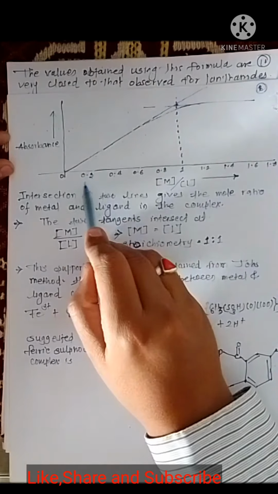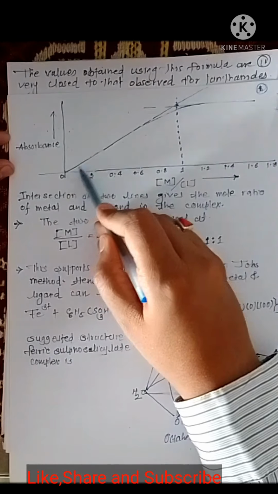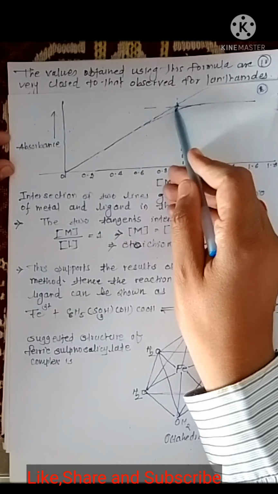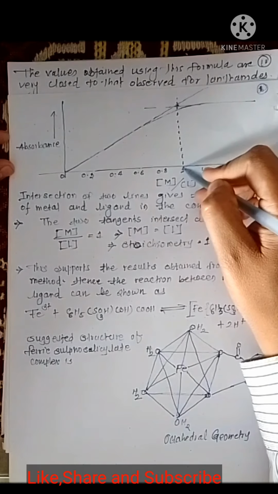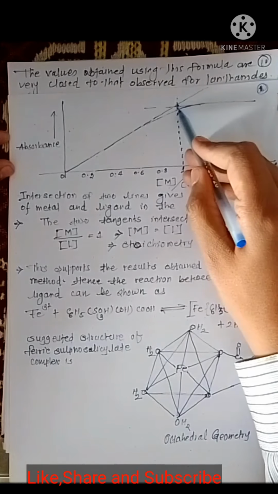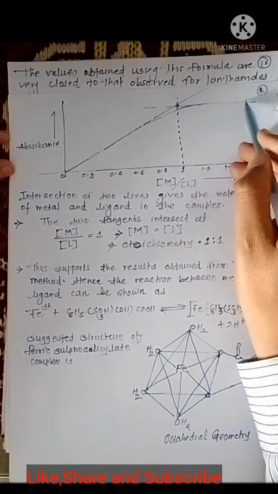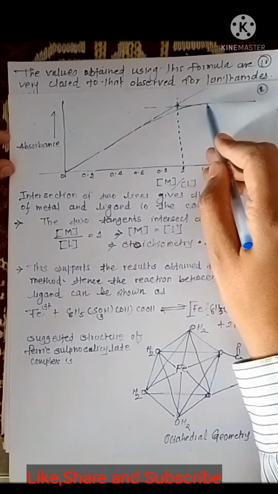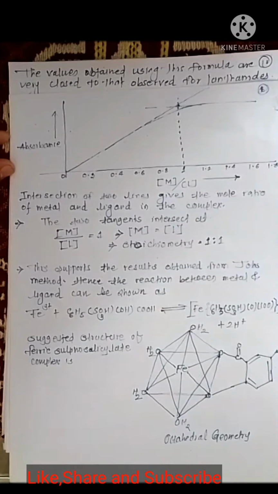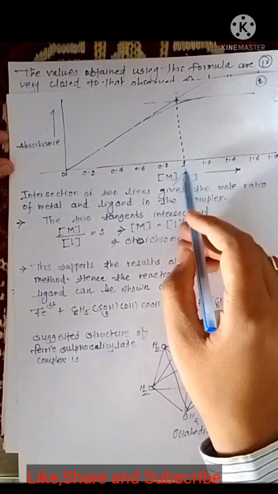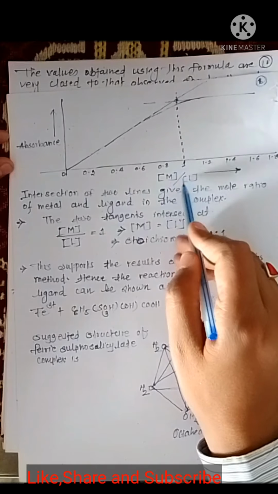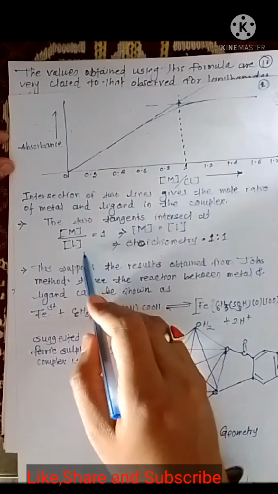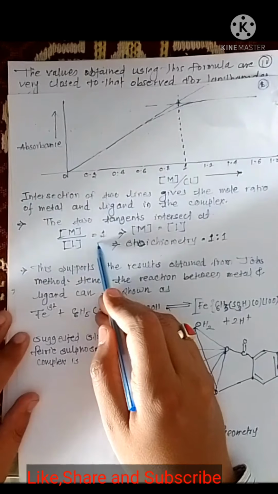From this graph we get a straight line up to the maximum value at 1, and after that value it becomes nearly parallel. So the maximum value for the concentration of metal to that of ligand comes as 1.